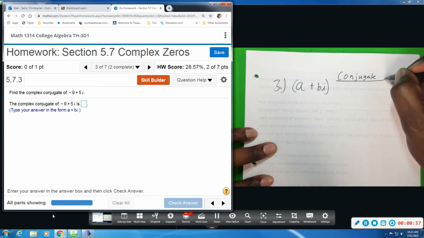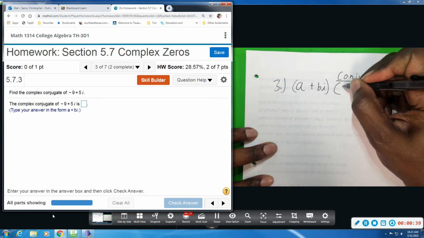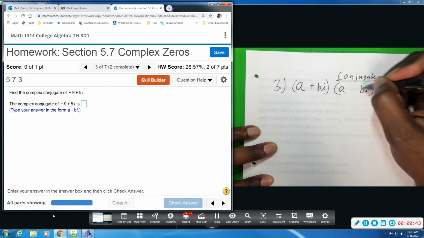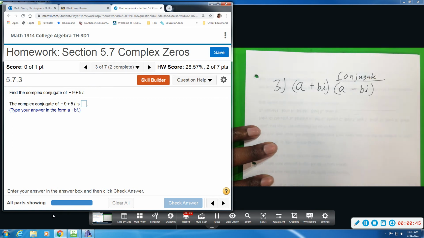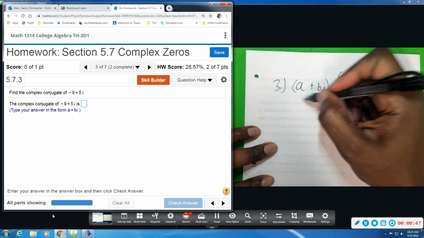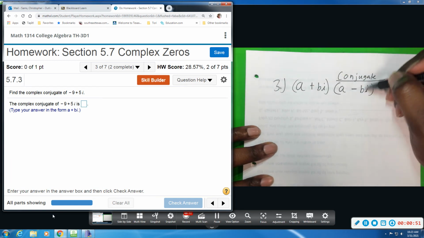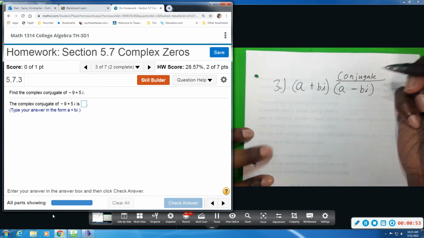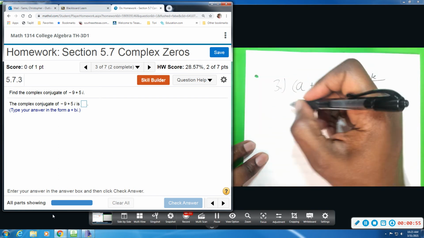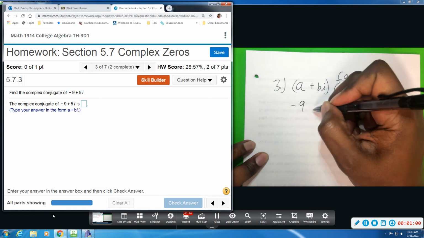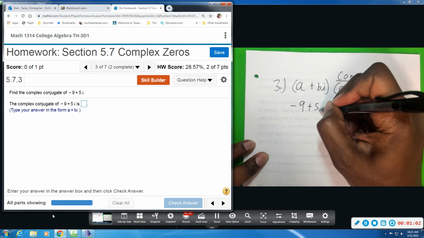The complex conjugate would just be the same terms, a, bi, but we just change the sign in the middle. So if we have a plus bi, the conjugate is a minus bi. If you have a minus bi, the conjugate is a plus bi. So in this example, we have negative 9 plus 5i.